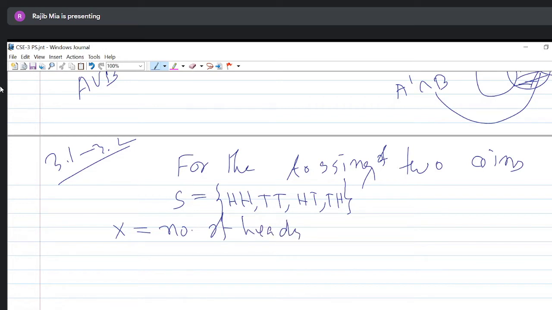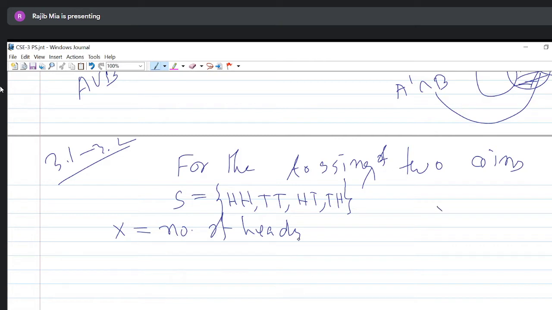Actually, you have to define the random variable according to your problem, that is, what you have to find, which you can see in the last line of the question. Suppose you have to count the number of heads or tails, then you can define X as the number of tails or heads. Or if you have to count the number of cars, then you can define X as the number of cars, for the particular problem.